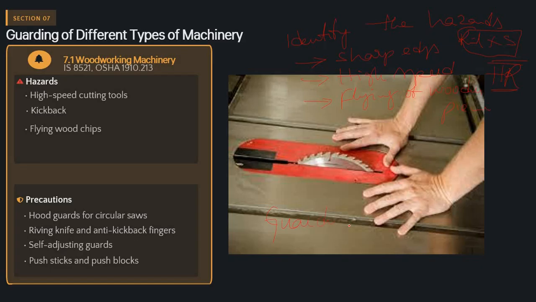So yes, guarding has to be provided. That is one. What type of guarding has to be provided? And by design, we can do something, that also we need to consider.